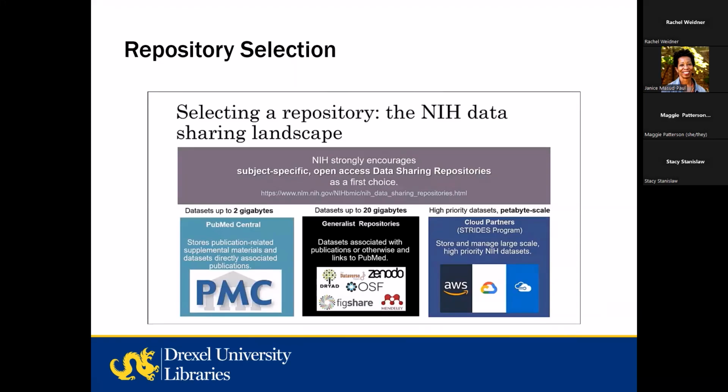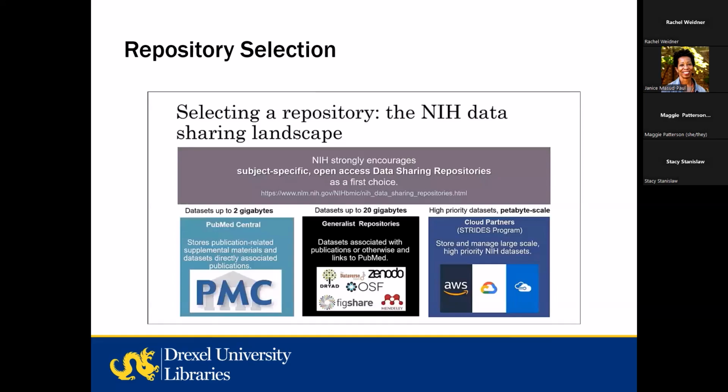If no discipline or data type specific repository is available, you have a number of other options, and sometimes that's based upon the size of your data. So let's say you have a small data set that is connected with an article. If it's under 2 gigabytes, that can be connected with PMC, which is the PubMed Central repository, and all of that information, the article as well as the data, could be stored there.